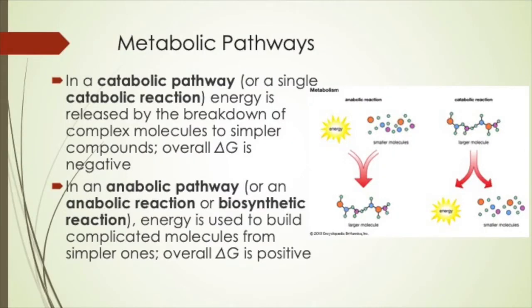Catabolism is the process of breaking down complex molecules into simpler compounds. And anabolism is the process of building simpler molecules into complicated ones. So building is anabolism, catabolism is breaking apart.